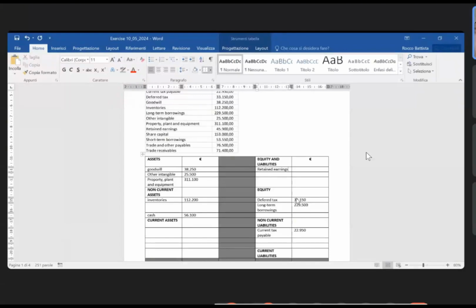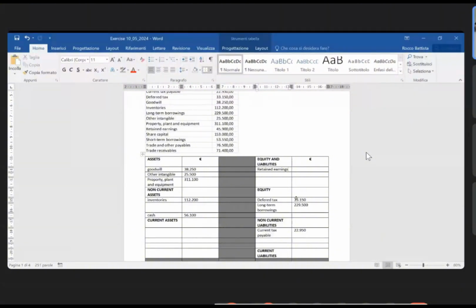Important things you can find in the box of equity: retained earnings, share capital, but even profit or loss of the current year.